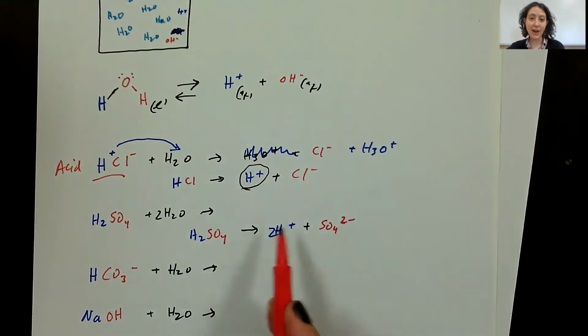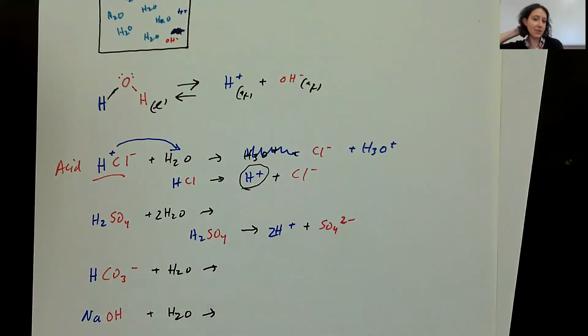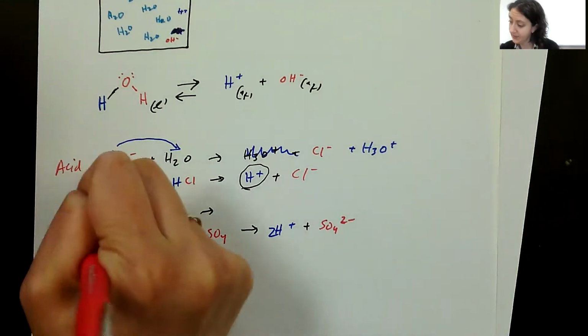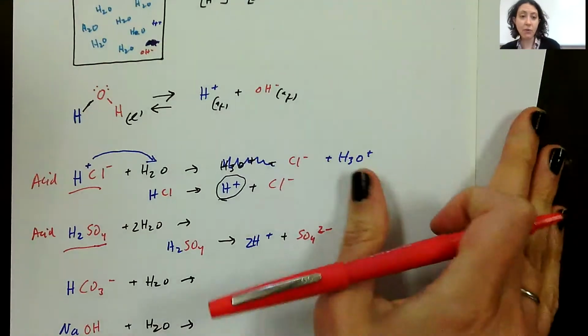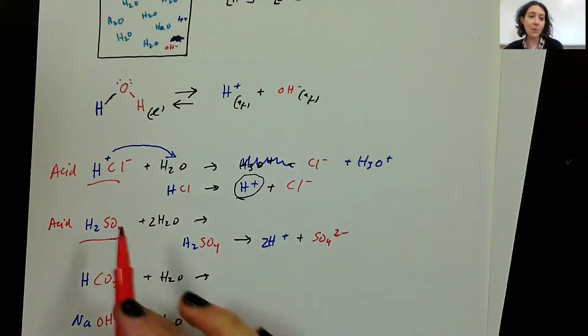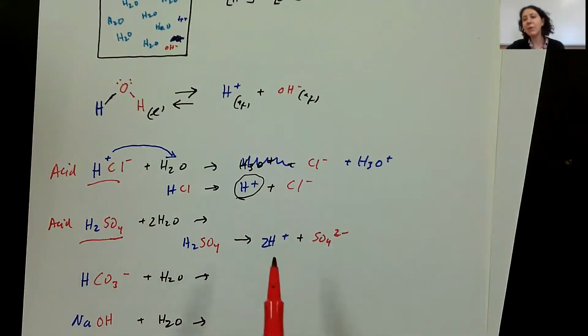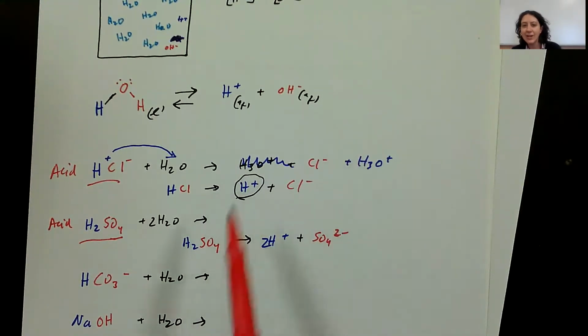So once again, when this dissolves in water, it's going to create more hydrogen ions in the solution, which means it is an acid. Definitely an acid. If we want to think about this another way, if you just have a free floating hydrogen ion, it tends to glom on and stick to water.